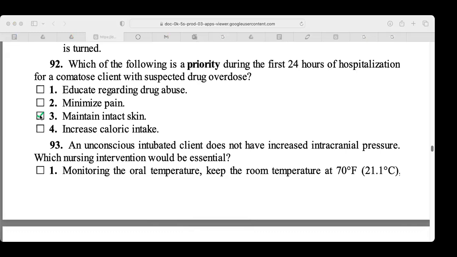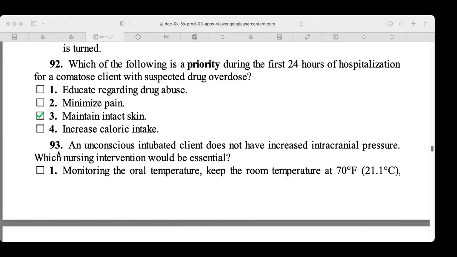Very good. So let's read this question again. Which of the following is a priority during the first 24 hours of hospitalization for a comatose client with suspected drug overdose? The key word here is priority. So you're focusing on what's more important right now, and also it's the first 24 hours.